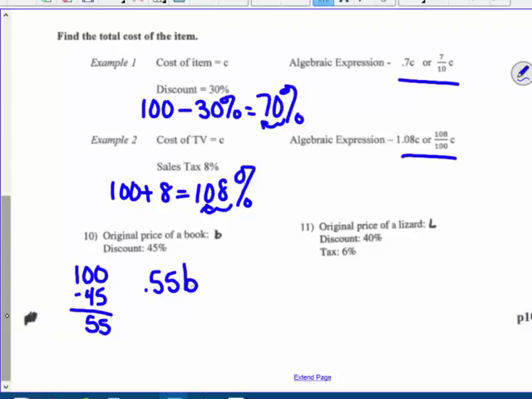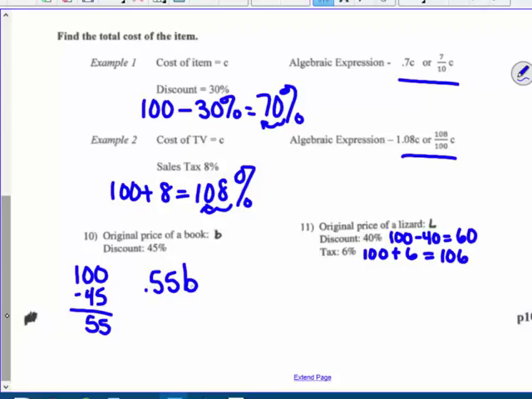The original price of a lizard, L, its discount is 40%, and its tax is 6%. We've got two things going on here. So if it's discounted 40%, I'm going to subtract that, and I know I'm going to pay 60%. And the tax is 6%, I'm going to add that, because my tax amount is 106% of that cost.